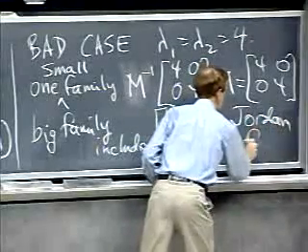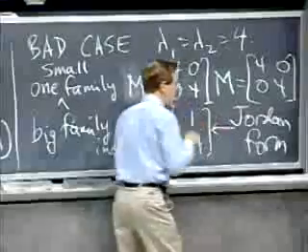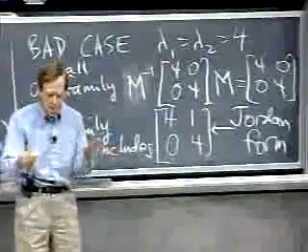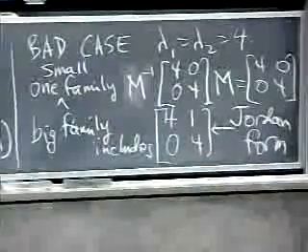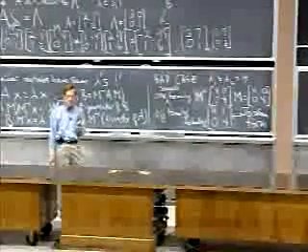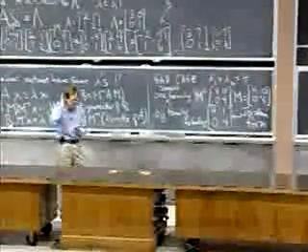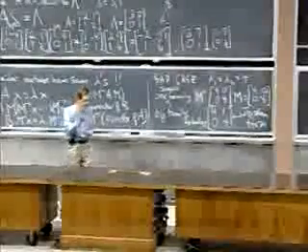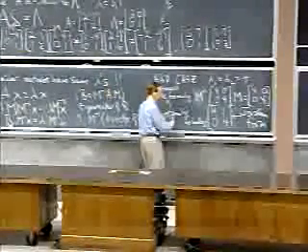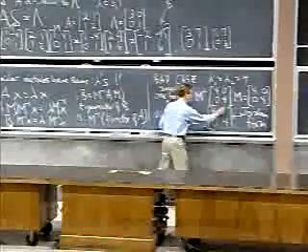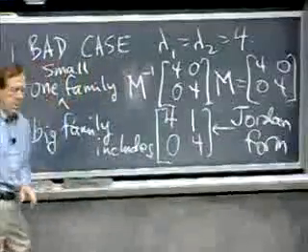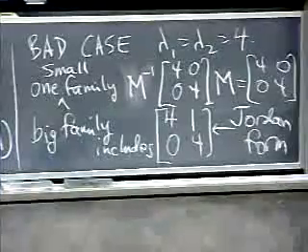So this guy, Jordan, studied these families of matrices. And in each family, he picked out the nicest, most diagonal one. But not completely diagonal, because there isn't a diagonal matrix in this family. So there's a 1 up there in the Jordan form. Okay.